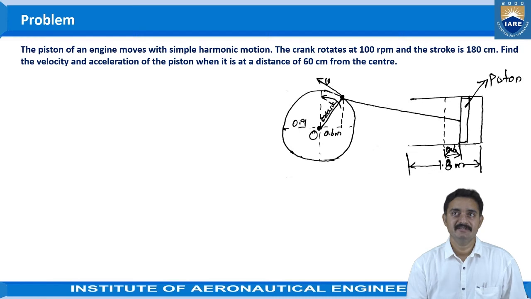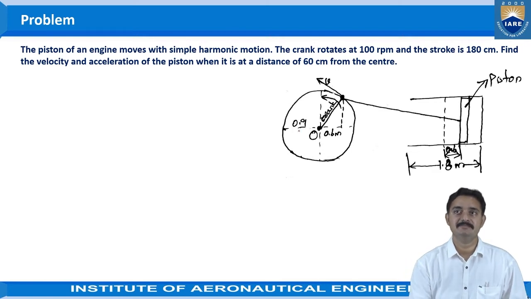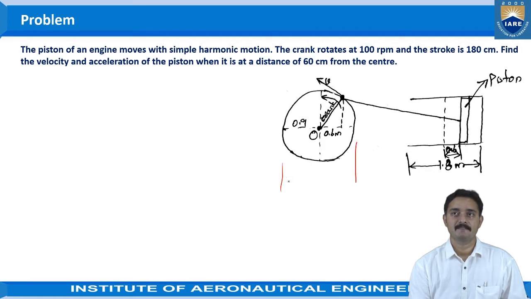According to the given data, the crank rotates at 100 rpm. That means the angular velocity is given as 100 rpm and the stroke is 180 centimeters. So 180 centimeters is nothing but the diameter.